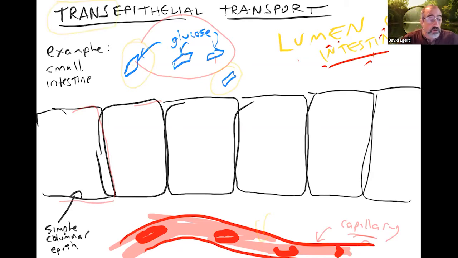And it's going to use all the things we've been talking about. So let's see how this all comes together and works. One thing is we are going to have the glucose coming in using a symport that I've already kind of talked about.